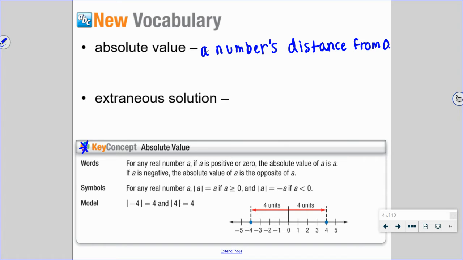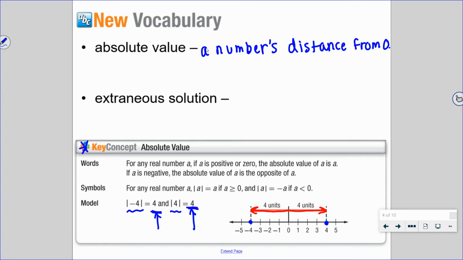They're showing you a horizontal number line marking a -4, which is 4 units away from 0. That's why the absolute value of -4 is 4. And then we also have +4. That is also 4 units away from 0. So the absolute value of +4 would still be +4.